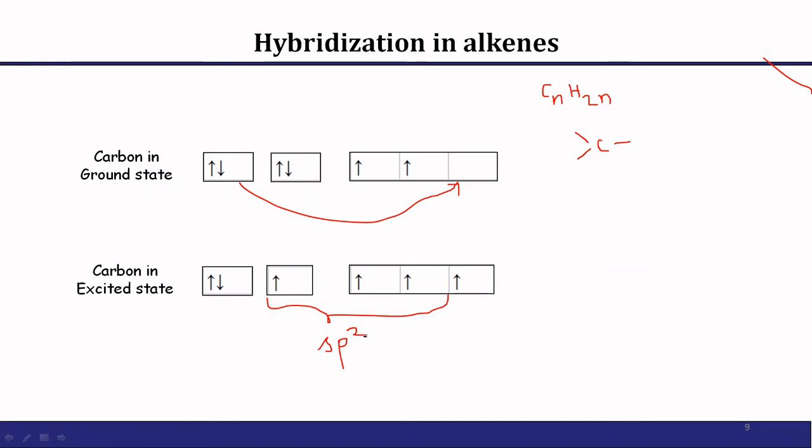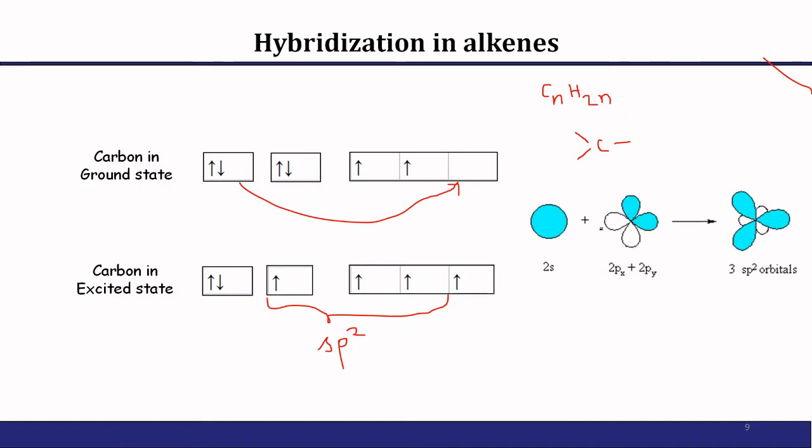This results in sp2 hybridized orbitals. When these lobes lie far away from each other, the angle between them will be 120 degrees. This leads to trigonal planar geometry.